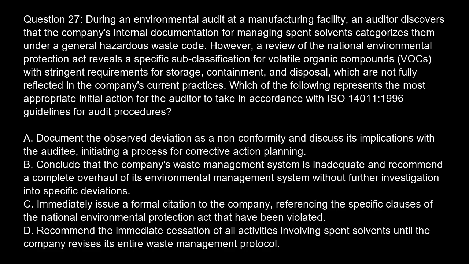Option B. Conclude that the company's waste management system is inadequate and recommend a complete overhaul of its environmental management system without further investigation into specific deviations. Option C. Immediately issue a formal citation to the company, referencing the specific clauses of the National Environmental Protection Act that have been violated. Option D. Recommend the immediate cessation of all activities involving spent solvents until the company revises its entire waste management protocol.